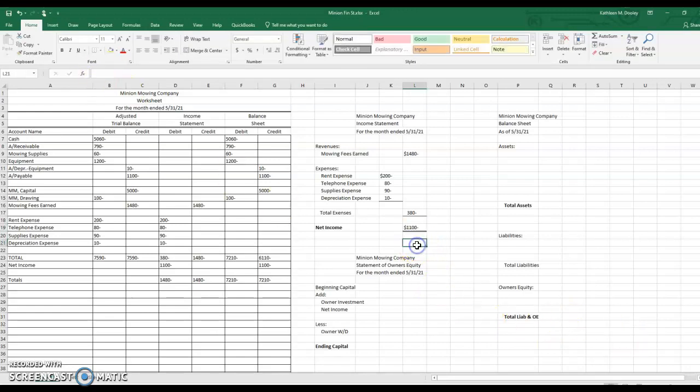Okay, so we now have a completed income statement, and we can see that the net income on my income statement matches the 1100 net income on my worksheet. If yours doesn't, then you did something wrong. Okay, you need to fix it.